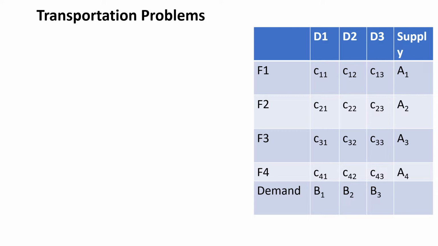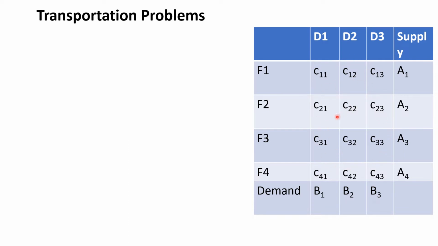This is a matrix structure of a transportation problem. As you can see, we have got four sources F1, F2, F3, F4, and we have got three destinations D1, D2, D3. Right? Now the supply at various sources are A1, A2, A3, A4, whereas the demand at each destination are B1, B2 and B3. As we have mentioned, the unit transportation cost figures will be provided.